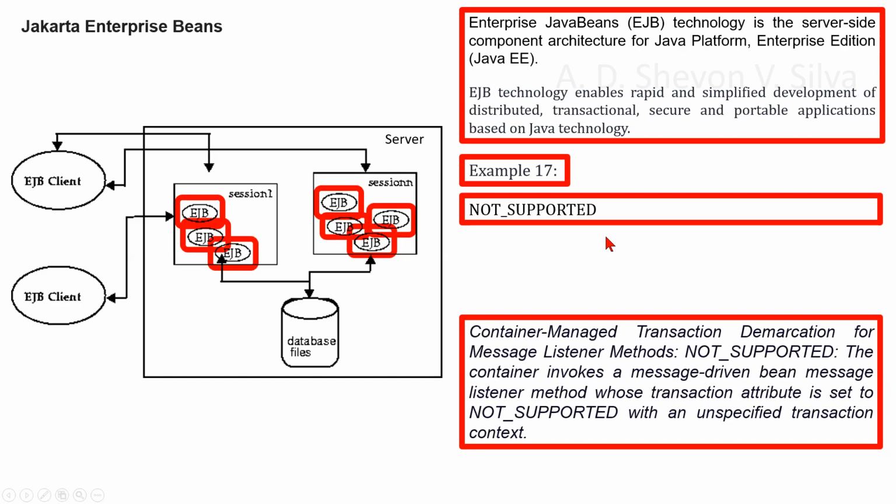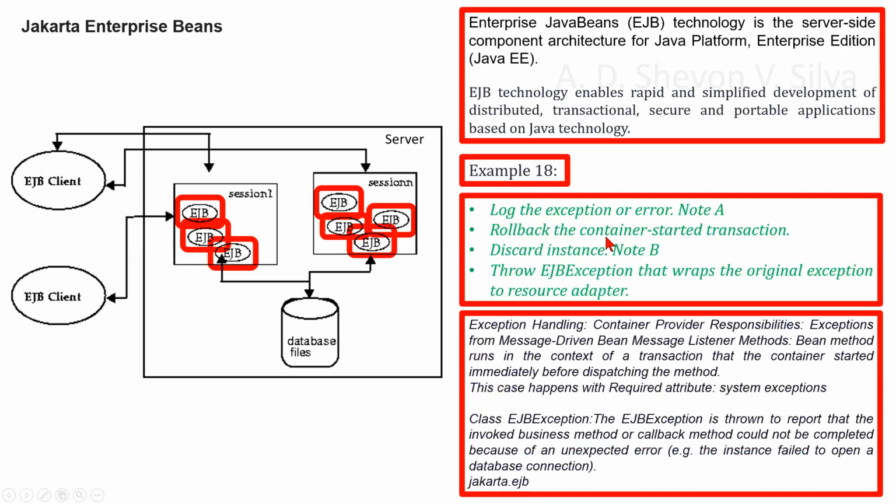If the message listener method invokes other enterprise beans, the container passes no transaction context with the invocation. Now we are considering system exceptions in a bean method that runs in the context of the transaction that the container started immediately before dispatching the method. This case happens with the Required attribute, in exceptions from the message-driven bean message listener method, in the container provider's responsibilities in exception handling.